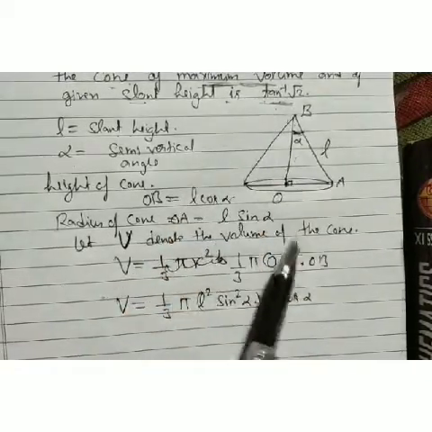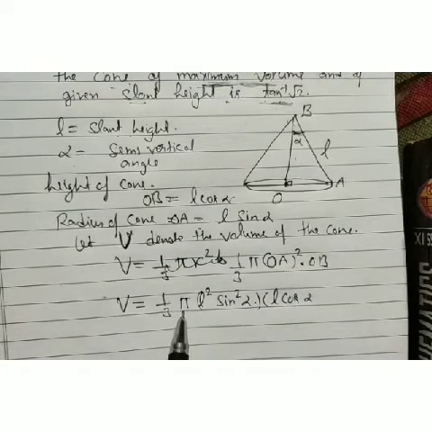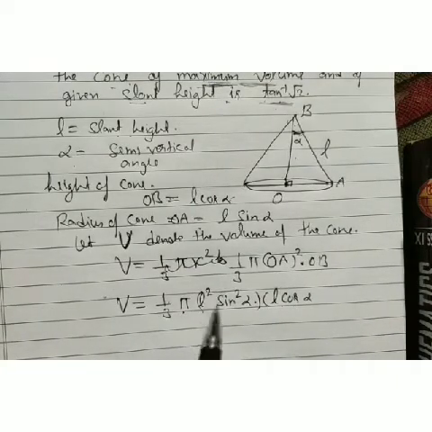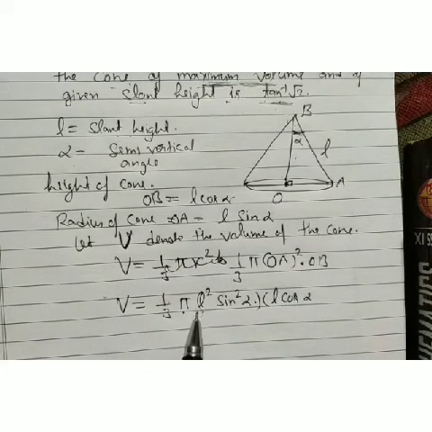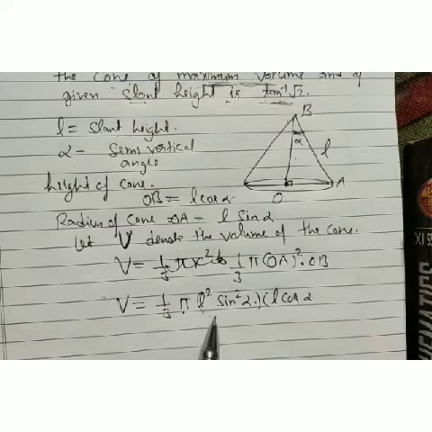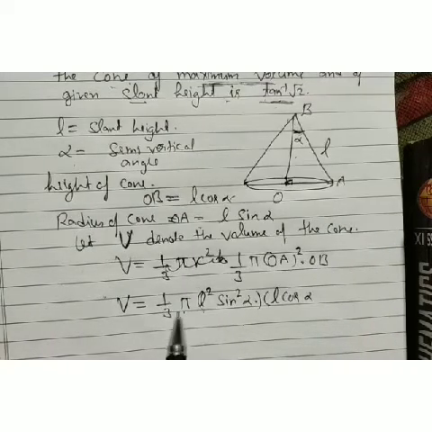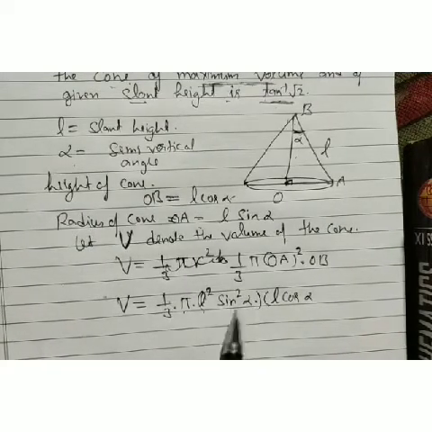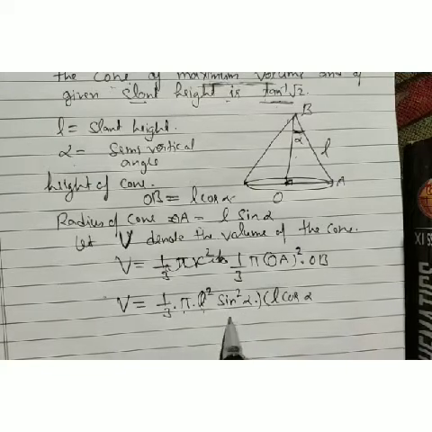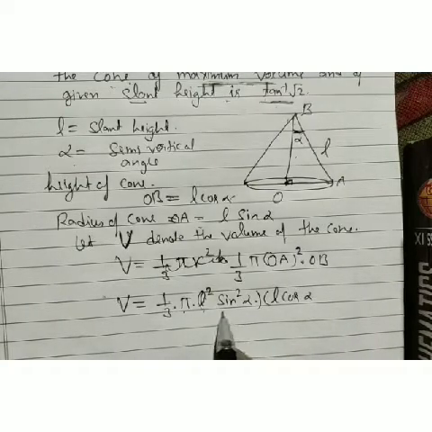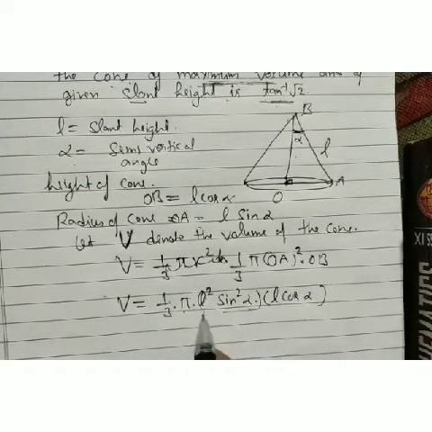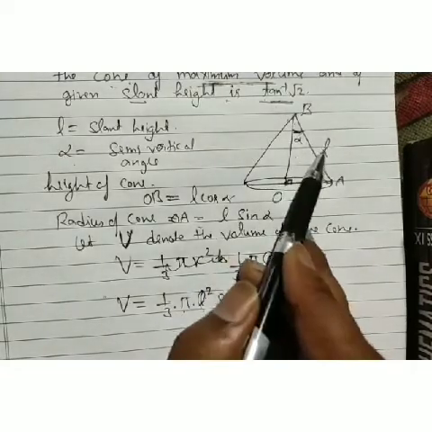Now the 1 by 3, pi and L here, these terms we treat as constants. Then we can take 1 by 3 pi L cube as constant. Then we have to take the derivative of sine square alpha into cos alpha, because our L is given there and treated as constant.